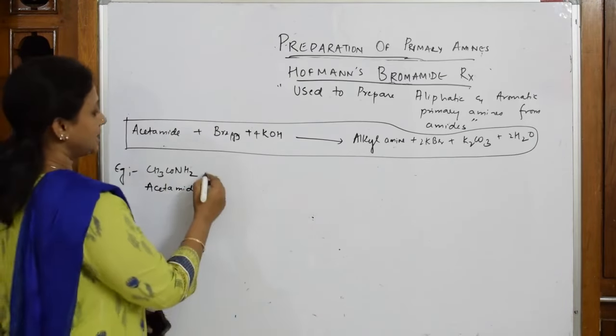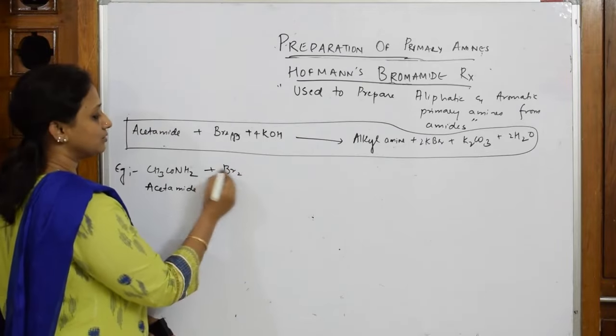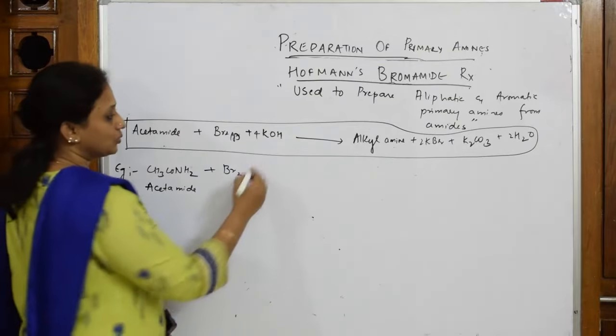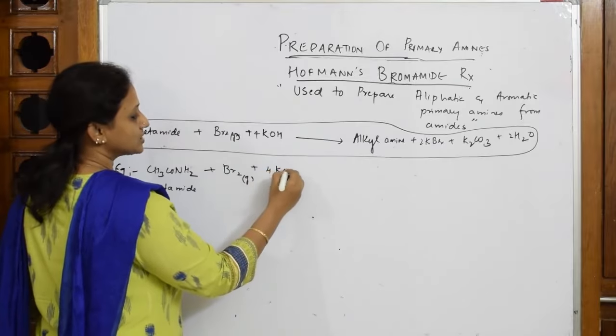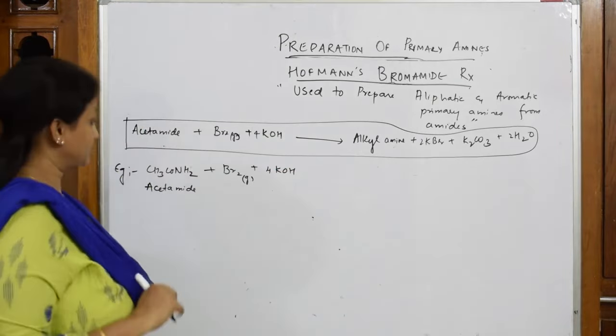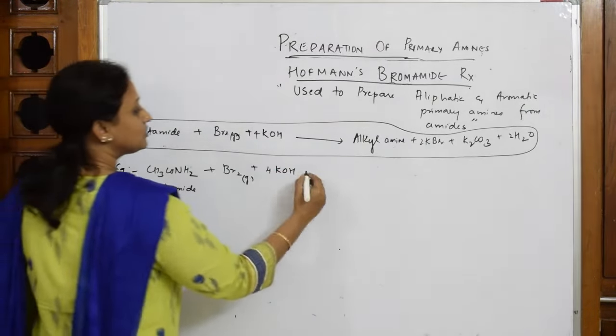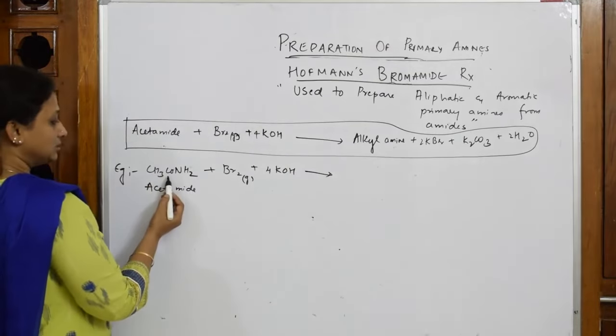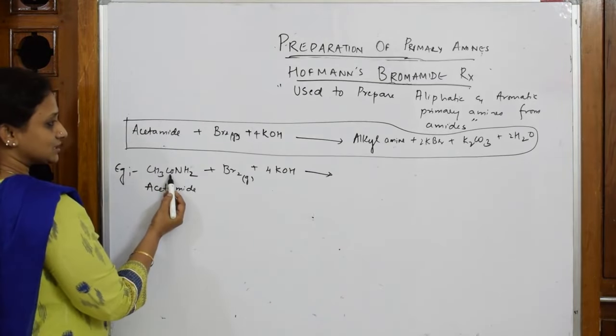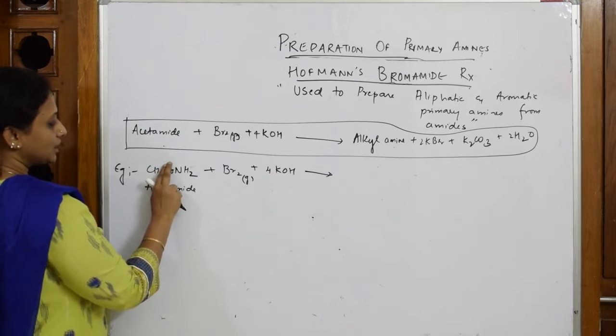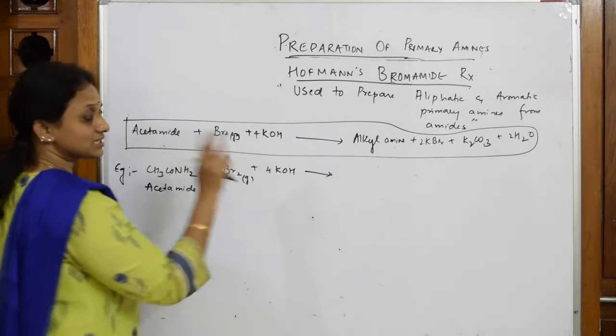To this acetamide, I'm going to add bromine gas. Along with that, we are going to add a strong base. How many did I take? 4 moles. Now observe. First important thing, this particular CO, observe carefully, this whole CO will come out with this potassium as carbonate.